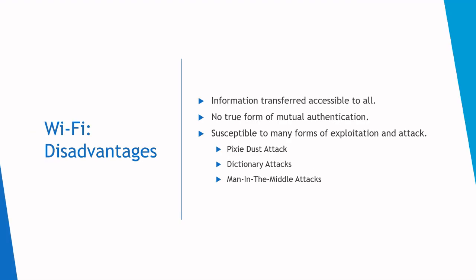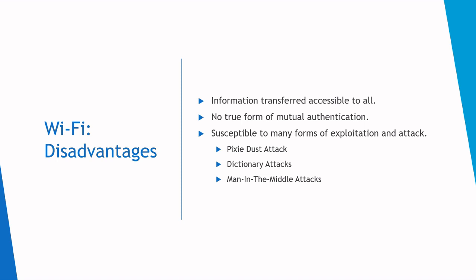But some disadvantages with Wi-Fi is that all information is transmitted over the electromagnetic spectrum. This gives the ability to any individual that is sitting within range and is equipped with a device that has a network interface controller with Wi-Fi capabilities to intercept and see this information.